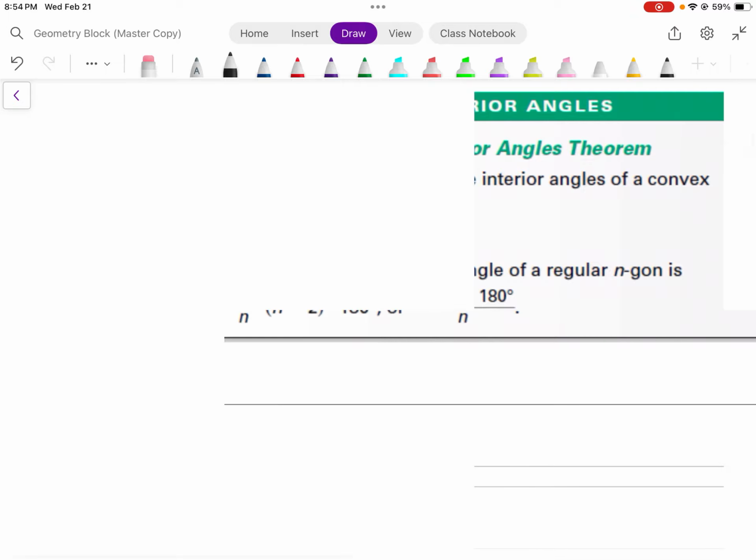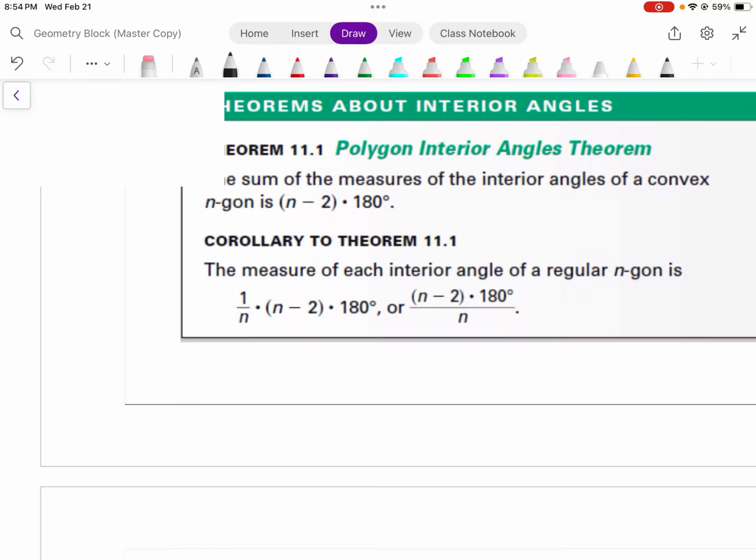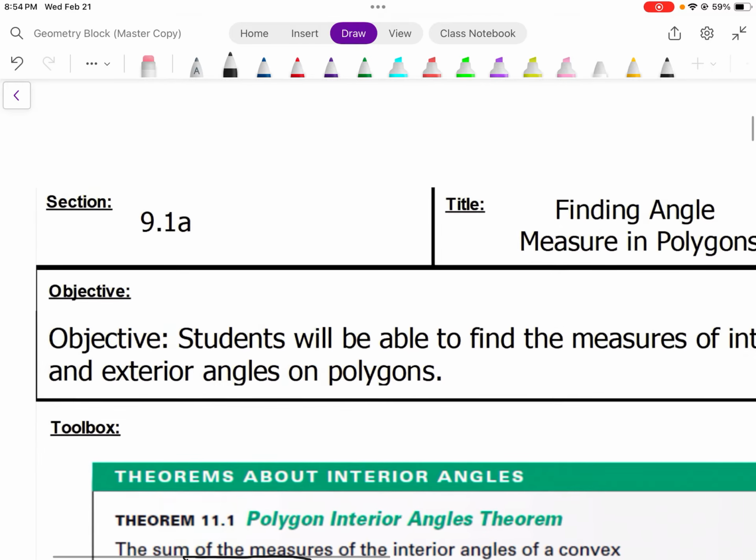So that's what brings up our formula. This is the formula that allows us to find the interior sum of any polygon. n is the number of sides. So n minus 2 times 180.